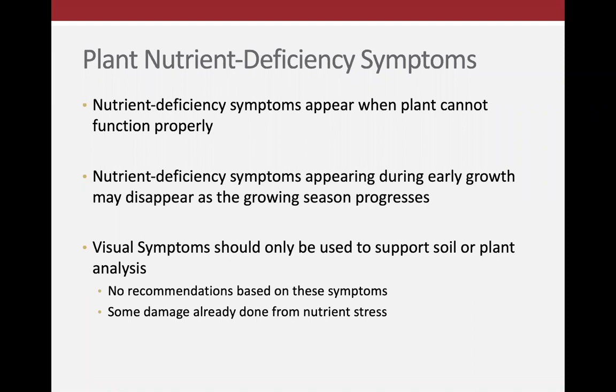So nutrient deficiency appears when a plant simply cannot function properly given the nutrients it has. We've talked about the essential nutrients that plants have. Nutrient deficiency symptoms appear during early growth and may disappear after the growing season progresses. This is very common in Ohio when soils might be very cool or overly wet or overly dry in the springtime.